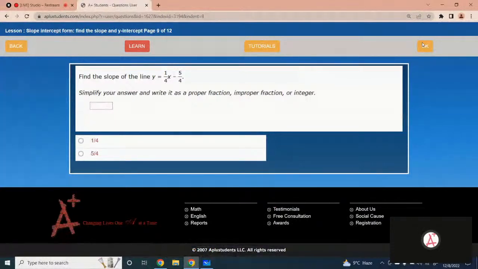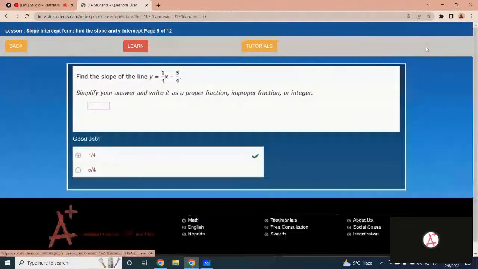So which is the slope of the equation? The slope m equals 1 over 4. Got it? So the correct option is 1 over 4. Just select the correct option, then click on the OK button.